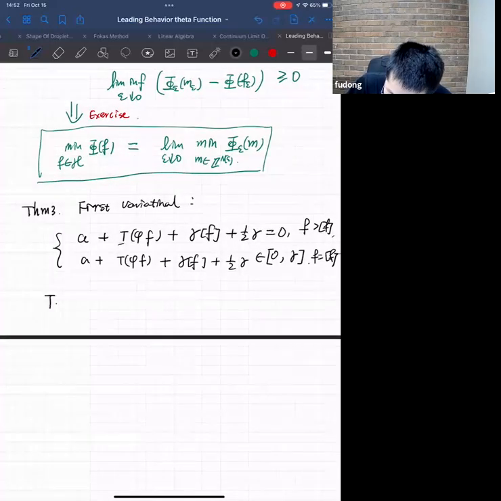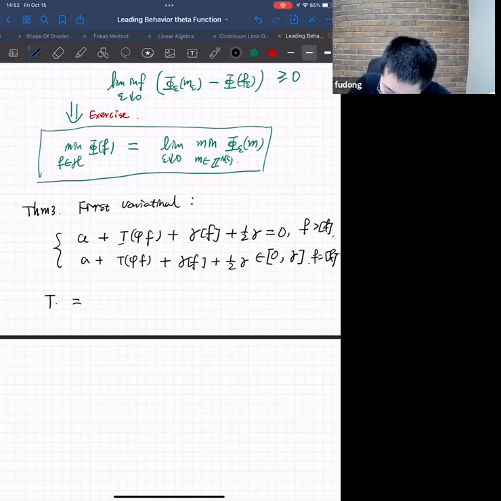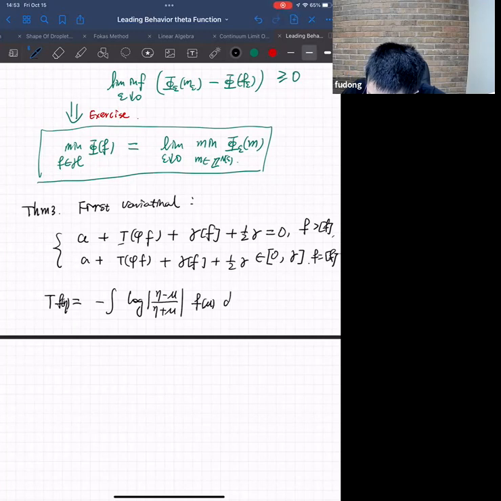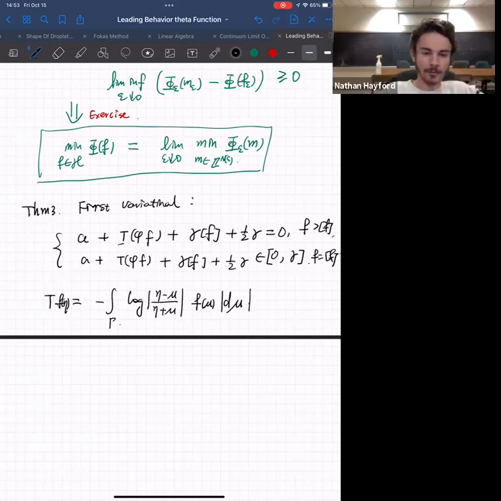In the KdV case, this t is actually the Green potential. So what is our variable? What is gamma?